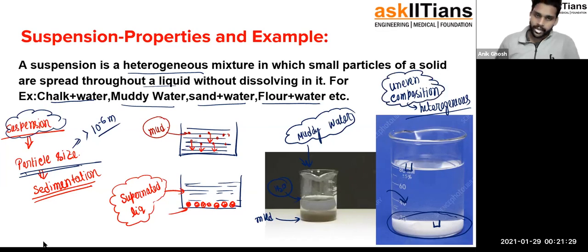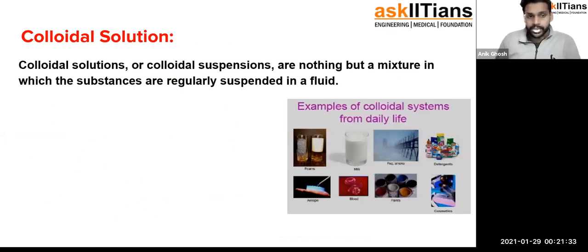Clear? Now we would go to the next part, which is a colloidal solution. Now, what is a colloidal solution? So the first thing you need to know is that a colloidal solution is another heterogeneous solution. Okay, heterogeneous solution.